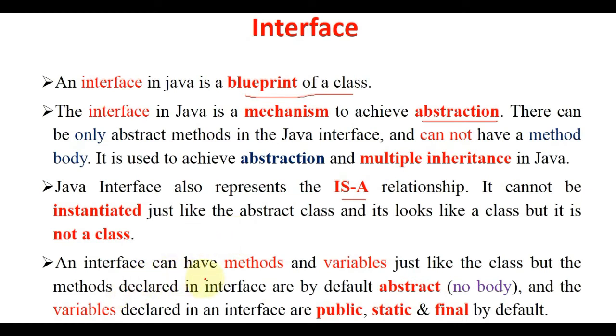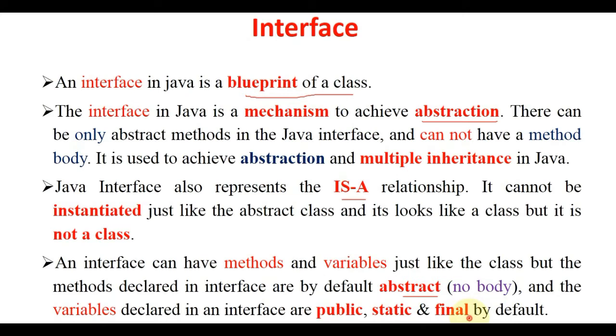An interface can have methods and variables, just like a class, but methods declared in an interface are abstract by default, with no body. The variables declared in an interface are public, static, final by default.